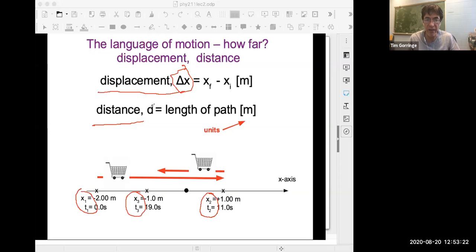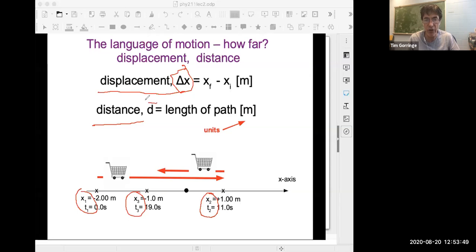Distance, on the other hand, is the length of the path between the initial and the final positions, the total trip taken between the initial and final positions. And that's also got dimensions of length, and it's also measured in meters, but it is distinct.